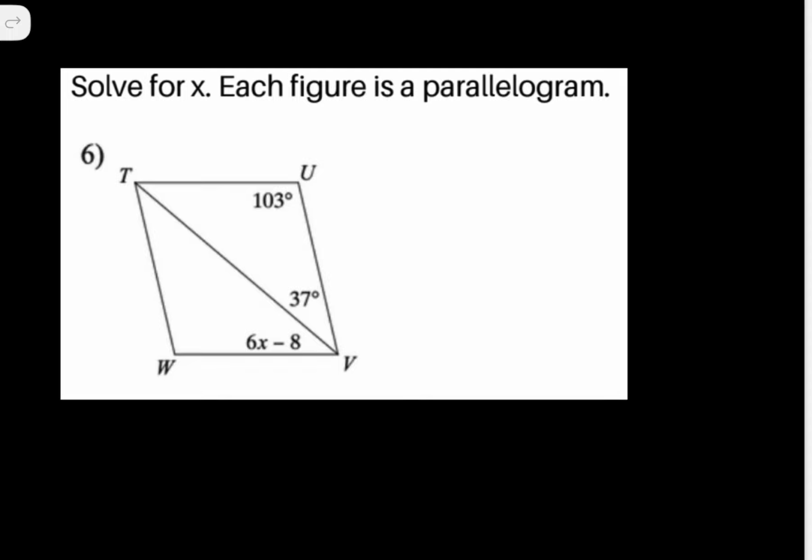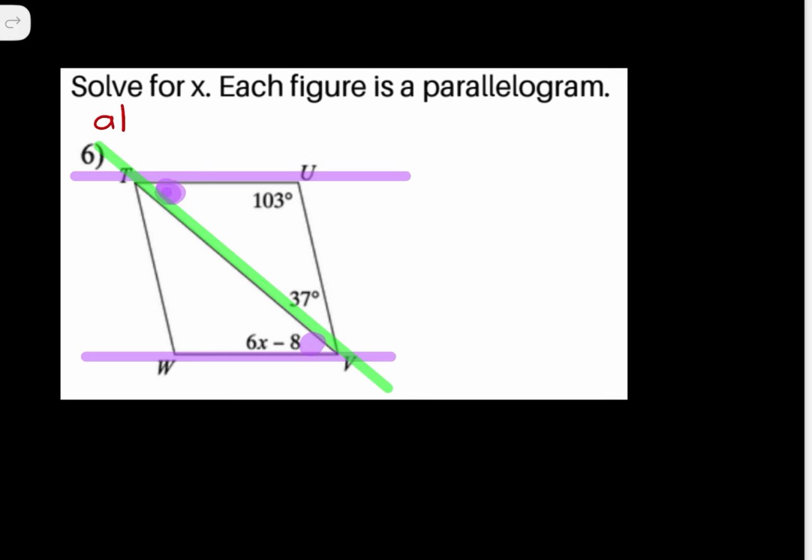So the missing variable here is x, and we can't find x unless we are able to find this angle here. How? Because this line is parallel to this line, and we have a transversal line. So that means this purple angle will be the same as this angle right here. So we have to find this purple angle first, okay?